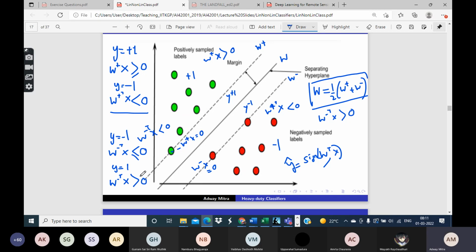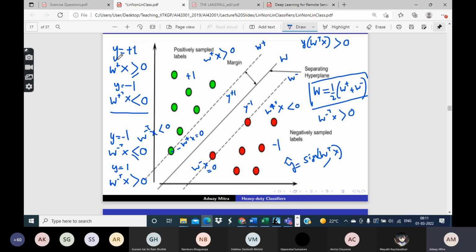And if you see, the condition for correct classification is y times W transpose x should be greater than 0. That means either both y and W transpose x should be positive or both should be negative.